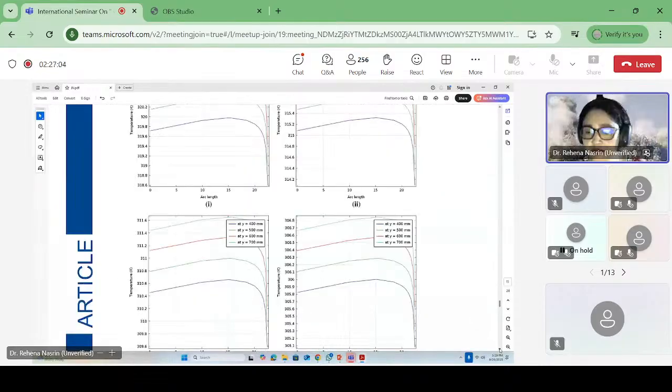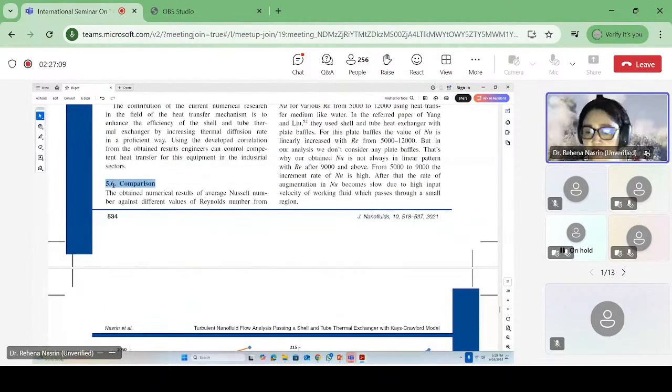Another thing I just forgot. This is the comparison part. Reviewers always search whether the comparison part exists in the manuscript or not, because this is a numerical analysis and we cannot do an experimental analysis. So our simulation results should be compared to other published numerical results or experimental results, whatever you have available in the literature.